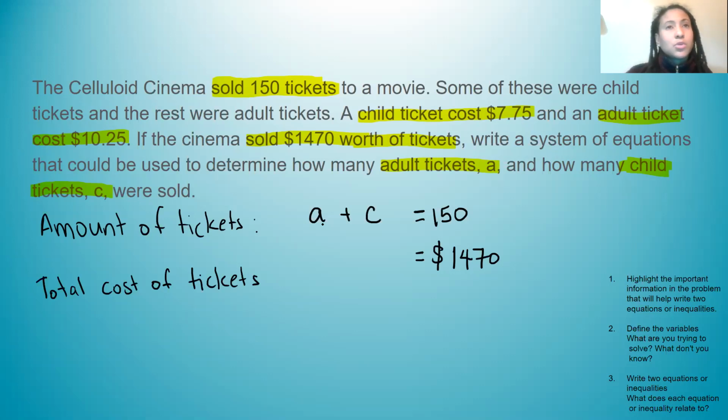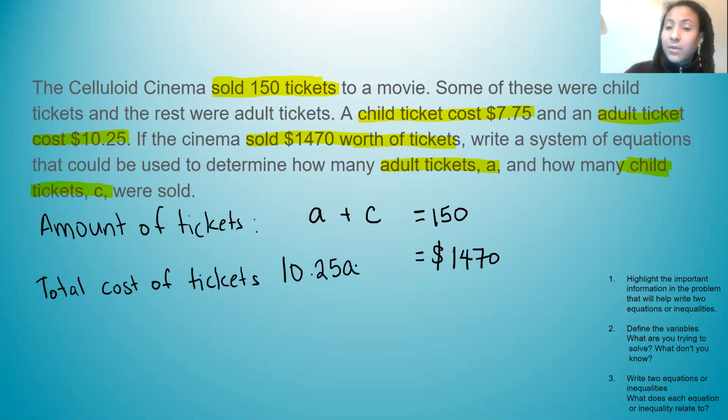If I bought two adult tickets, it will cost $20.50. If I bought 10 adult tickets, how will I find out the total cost? I would do $10.25 times the amount of adult tickets. So that will be written as $10.25. I don't know how many tickets, so it'll just be A.